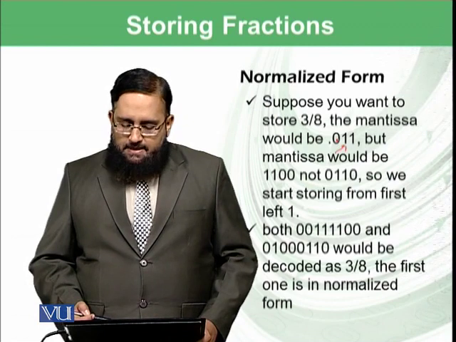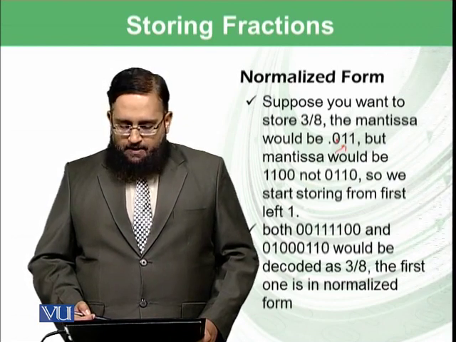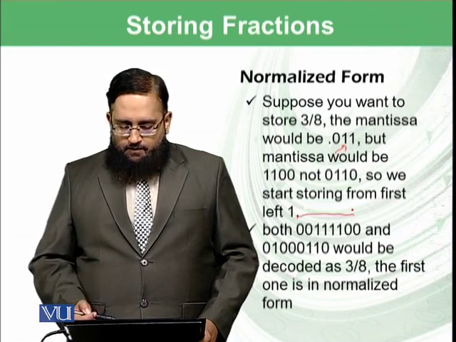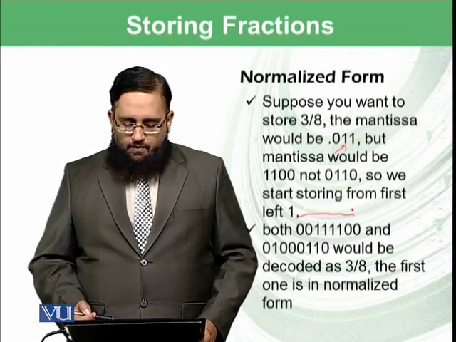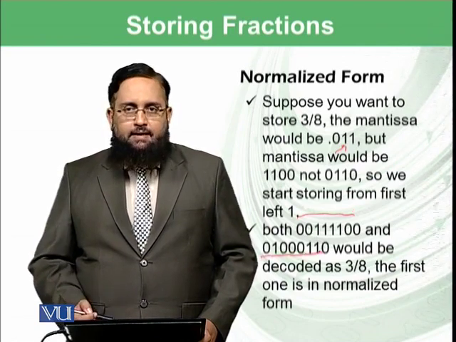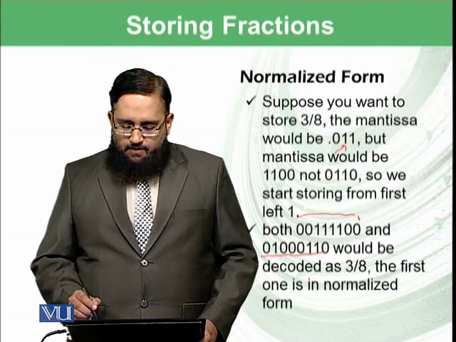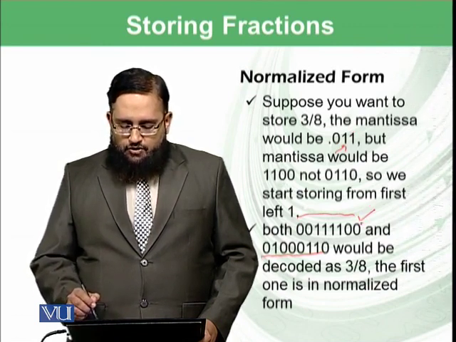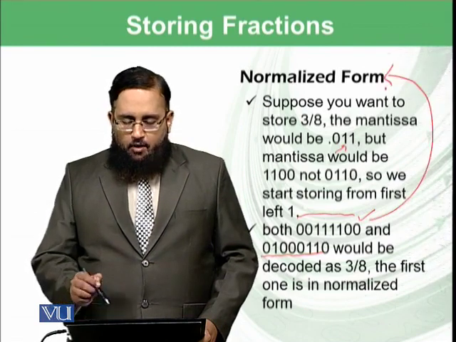It would not be 0110. Both of these numbers, 00111100 and 01000110, would be representing 3 by 8. However, the first one is actually normalized in this way. Such a thing is called normalized form.